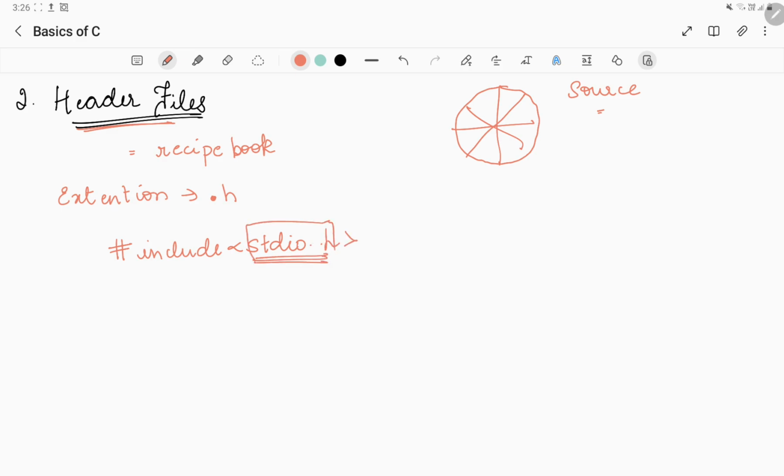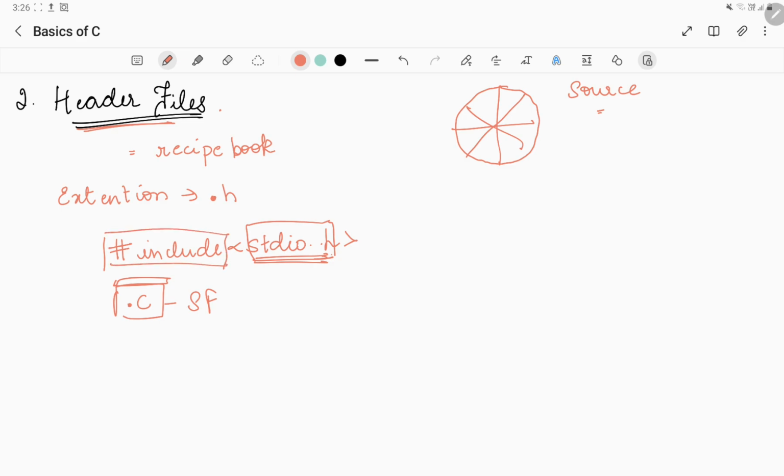This is a header file. You include these on top of the source file, that is the .c. You remember, this is the source file, right? You include these header files on top of these source files, using the hash include function.